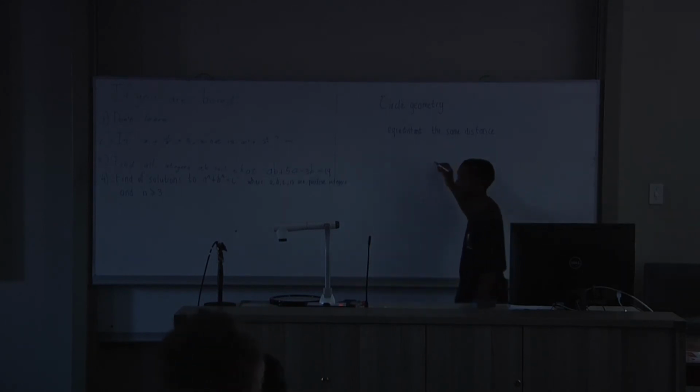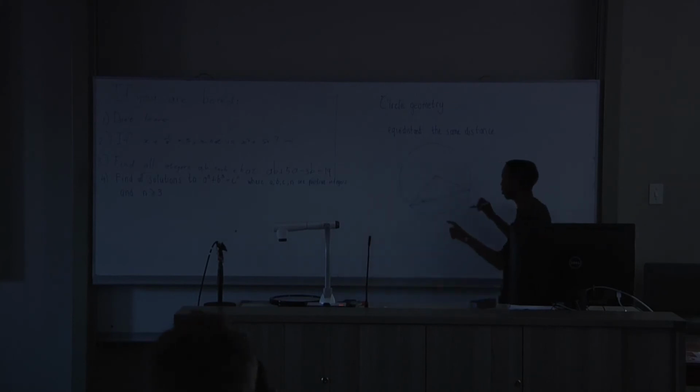Another basic but important property is that if you take a chord and consider the center, so we subtend an angle to the center, and then take another point on the circle.